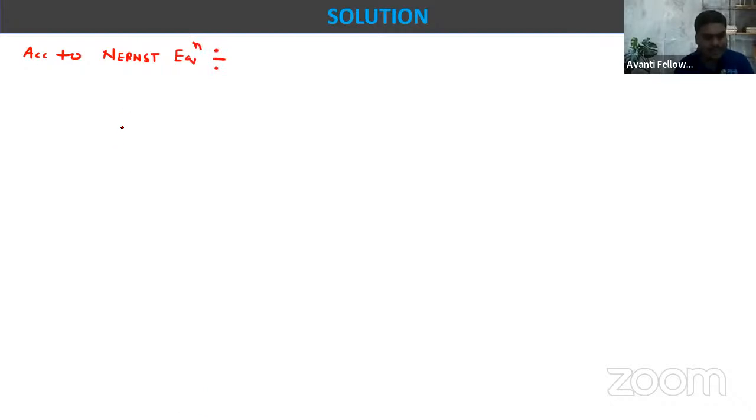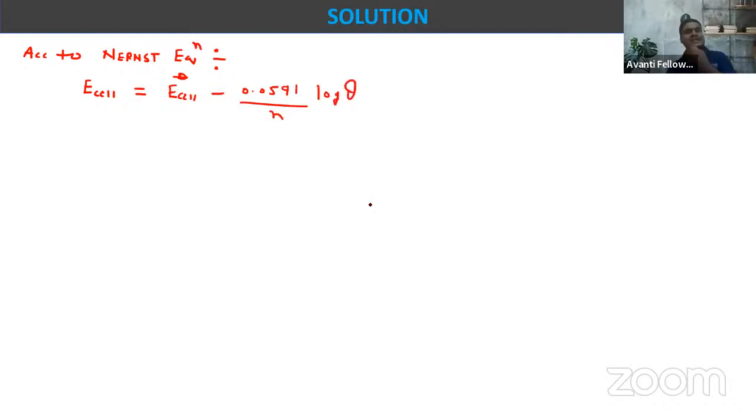We know that E cell, the EMF of the cell, is equal to standard EMF of the cell minus 0.0591 upon N into log Q. This is the standard formula for the Nernst equation.